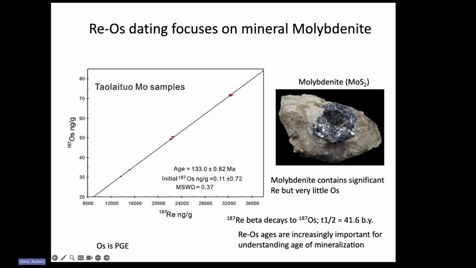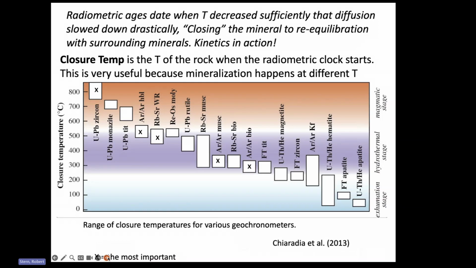Now, another thing to keep aware of is what these ages mean. The radiometric ages date when the temperature decreased sufficiently that diffusion slowed down drastically. So what happens is in a hot system, the parent and daughter will diffuse in and out of the crystal, so the radiometric clock really isn't set.